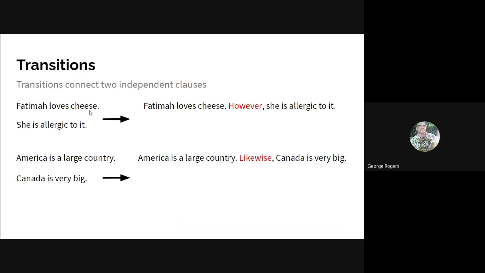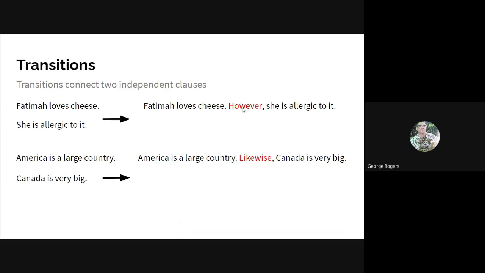Fatima loves cheese. She is allergic to it. All right. So she loves it. She is allergic to it. So again, putting these two together: Fatima loves cheese. However, she is allergic to it.